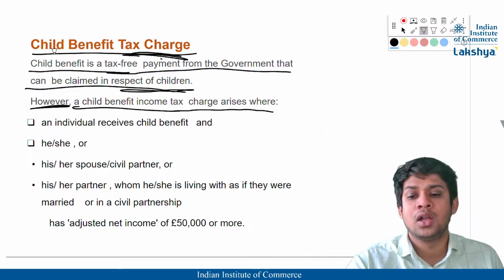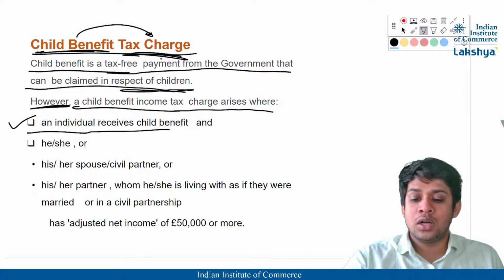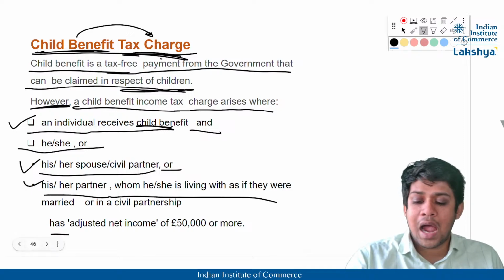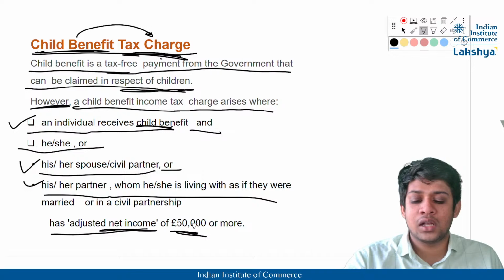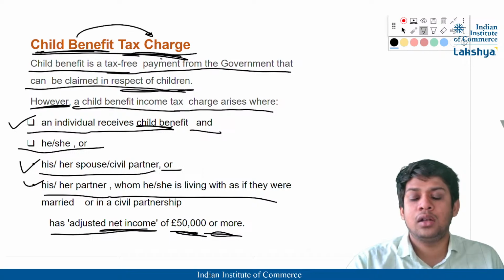The benefit is already given, but if your income is high enough, then you will be liable for a tax charge on that same benefit. If an individual receives child benefit and he or she or his or her partner who is living with them has adjusted net income of 50,000 pounds or more, then he will be chargeable for the tax on that child benefit, right?